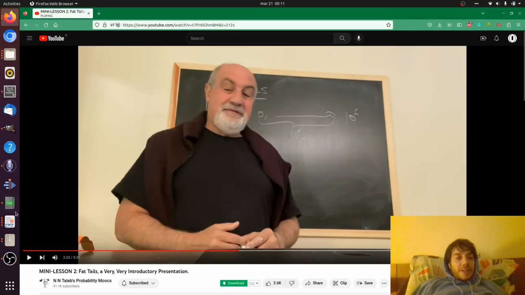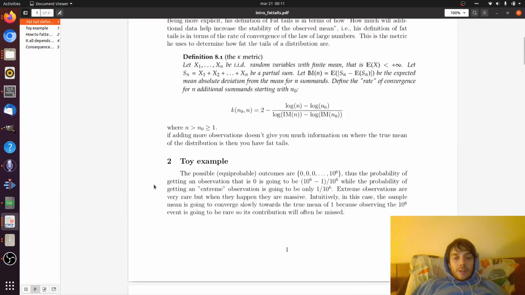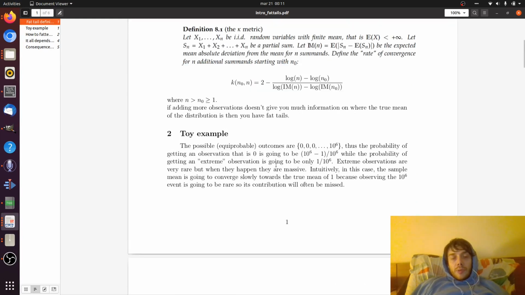Okay, so with this little toy example, this little toy probability distribution, we have 1,000,000 possible outcomes. 1,000,000 minus 1 of them are going to be zeros, and the last one is going to be equal to 1,000,000, and they're all going to be equiprobable with 1 chance in 1,000,000 of happening.